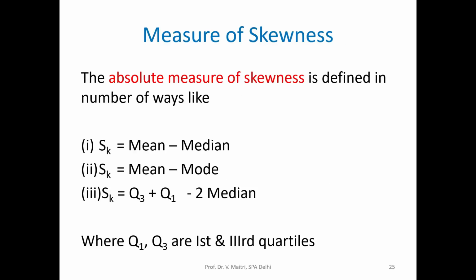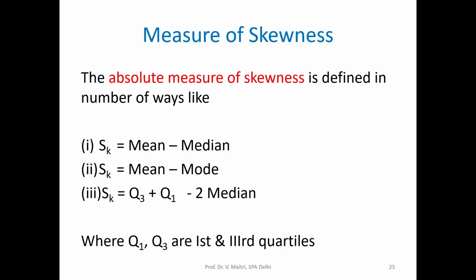For the absolute measure of skewness, there are three formulas. SK is equal to mean minus median, the other is mean minus mode, and the third one is Q3 plus Q1 minus 2 times median. We know that Q1, Q3 are the quartiles.